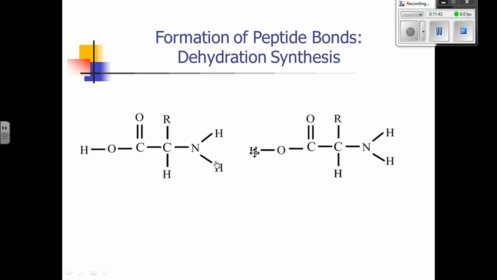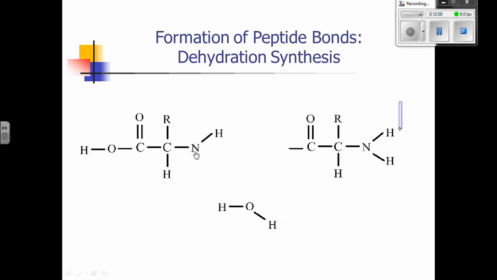So if you want to see a video of how that actually would look, here's a real simple video showing that I'm going to take the water, the OH group off of the carboxylic acid and the hydrogen off of the NH2 group.